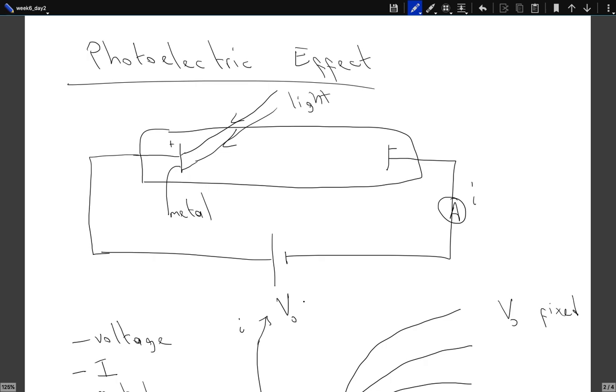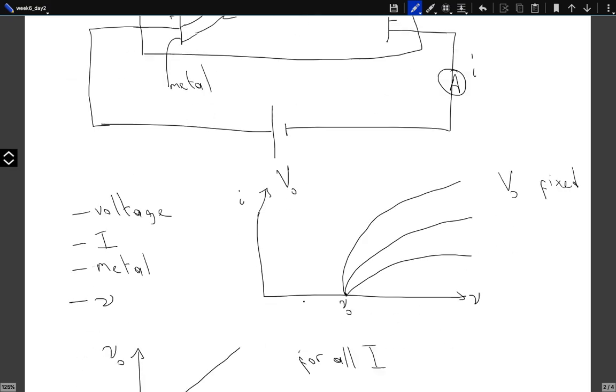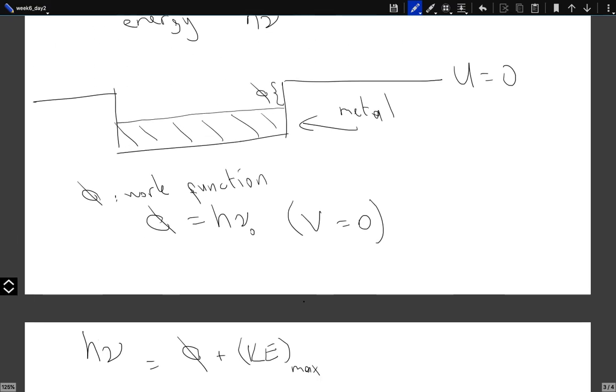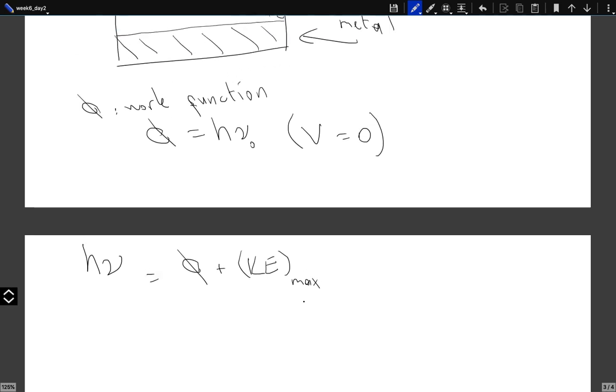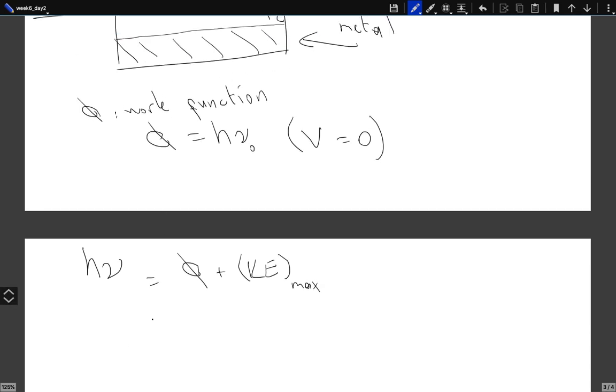The current goes to 0. So when you reach that value of V0, that determines the maximum kinetic energy of the photoelectrons. Now, K max, the maximum kinetic energy, will be equal to e times the stopping potential.